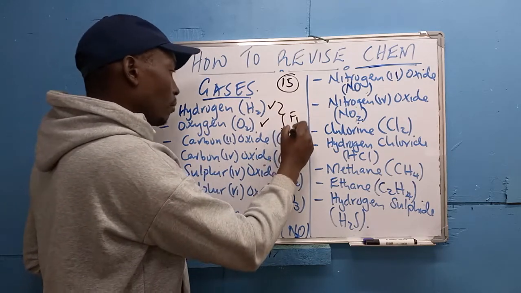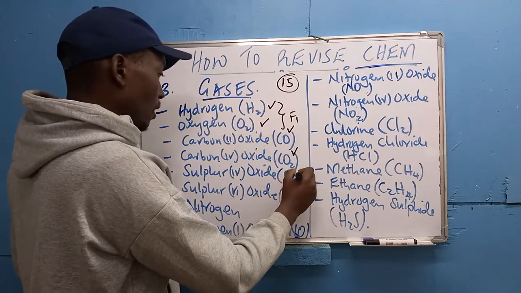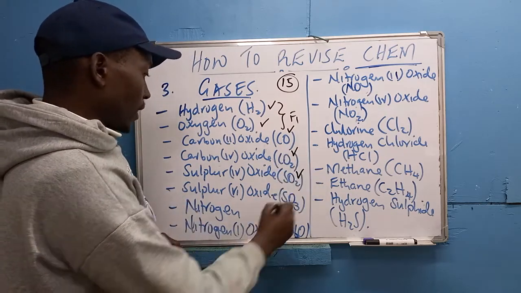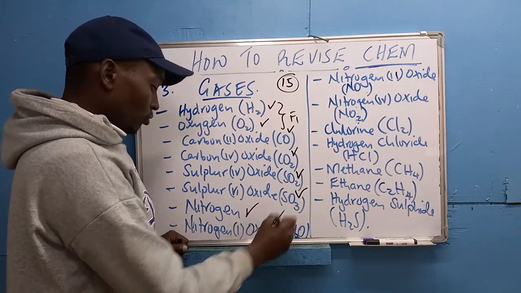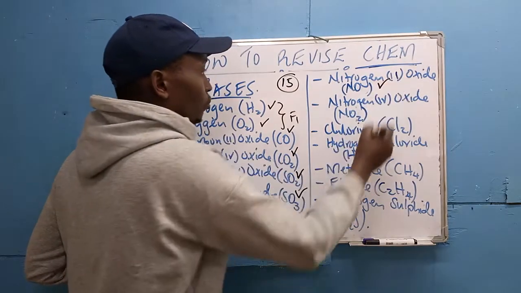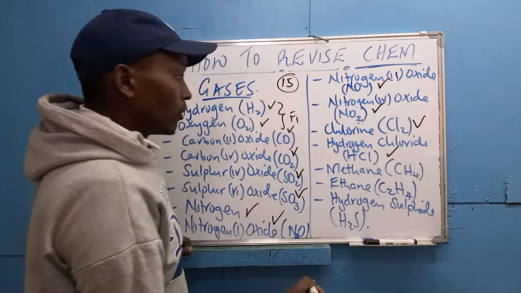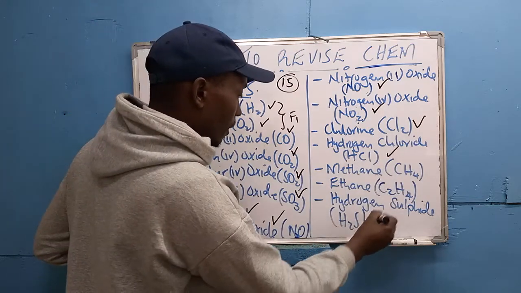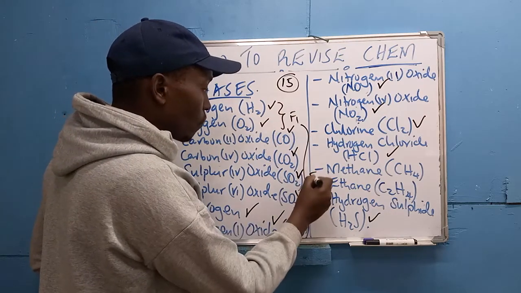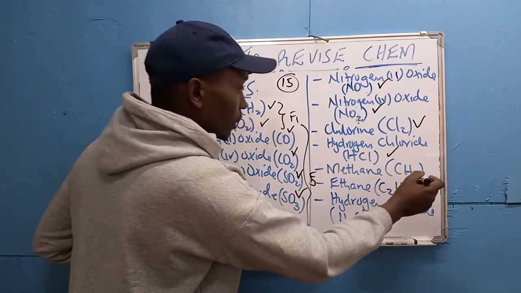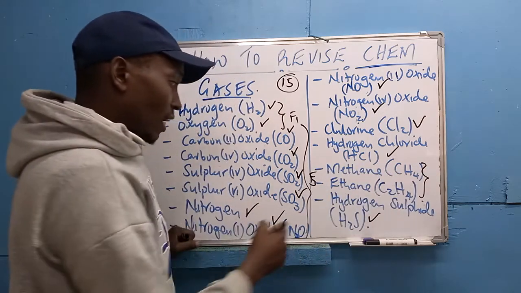Then we have carbon II oxide, carbon IV oxide, sulfur IV oxide, sulfur VI oxide, nitrogen I oxide, nitrogen II oxide, nitrogen IV oxide, chlorine, hydrogen chloride gas, HCl, then hydrogen sulfide. Remember, all those are in Form 3. And then of course under organic chemistry, the student can cover these two, methane and ethane.